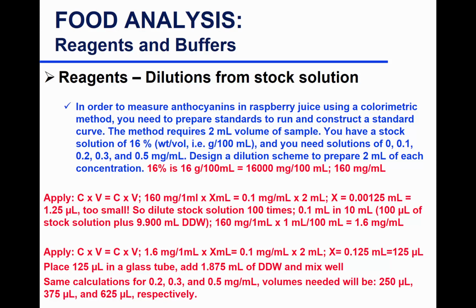Then you apply here the calculations to get 0.2, 0.3, and 0.5, as well as 0.1. So you apply the C1V1 equals C2V2. All right? So that was my mistake from last time, a decimal point mistake. And again, I'll post that online as well.